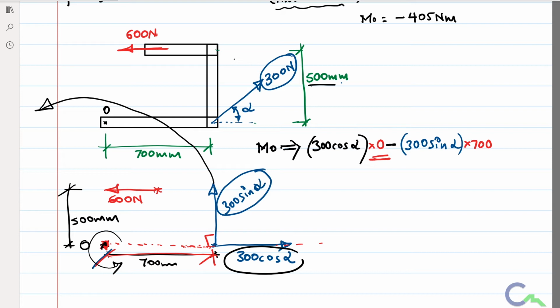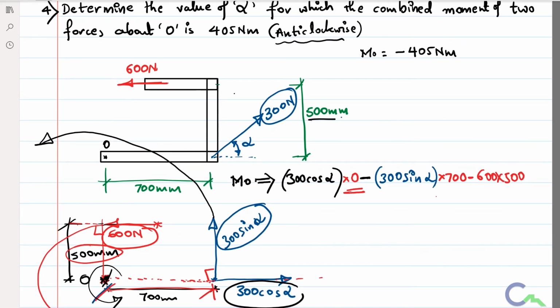The last force is 600 Newton. If I apply this 600 Newton force, it is going to rotate about this point in anti-clockwise direction. Therefore this is minus. Therefore this entire value is equal to minus 405 Newton meter.